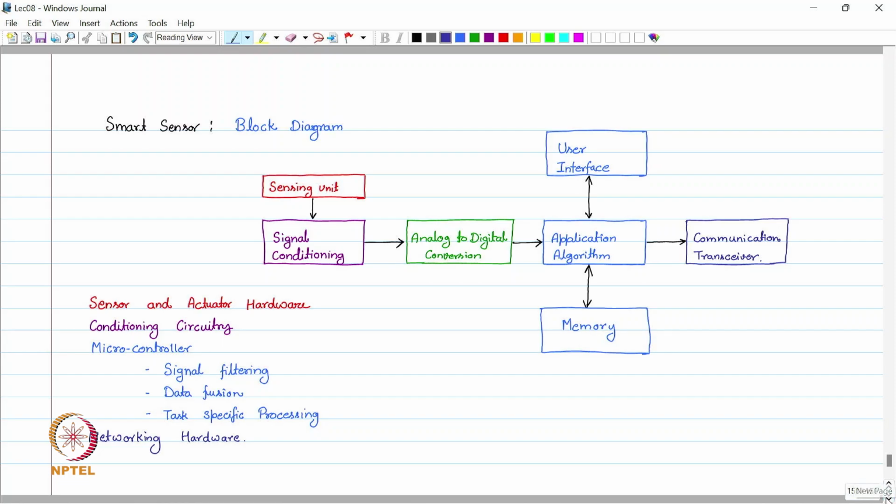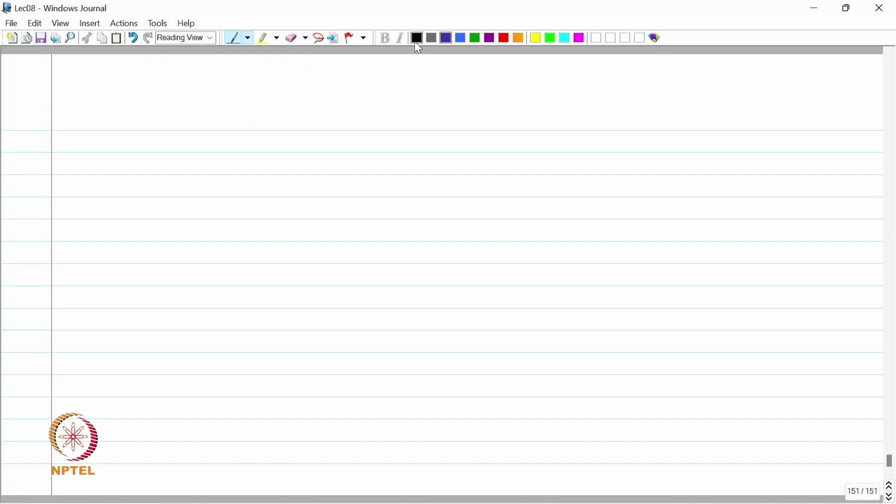Now let's see some advantages and disadvantages of the smart sensor. So the very first advantage of smart sensors is energy efficiency and sustainability.